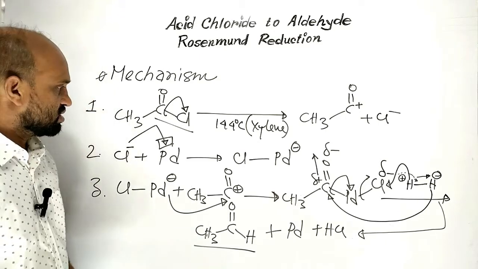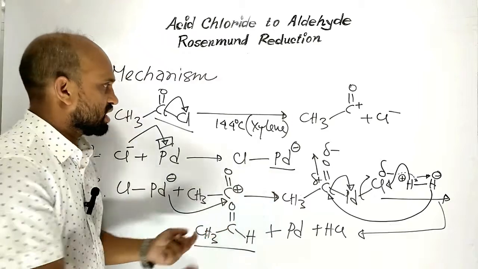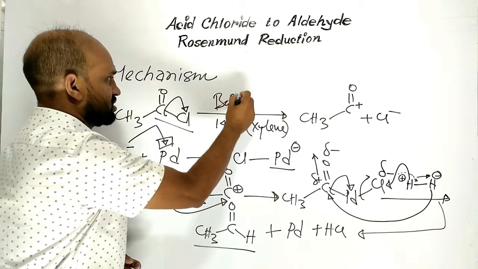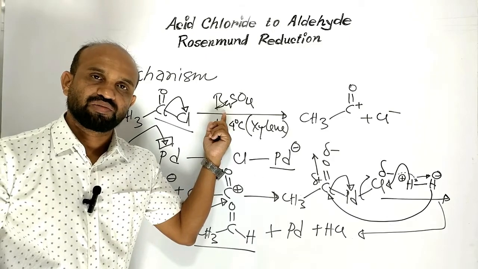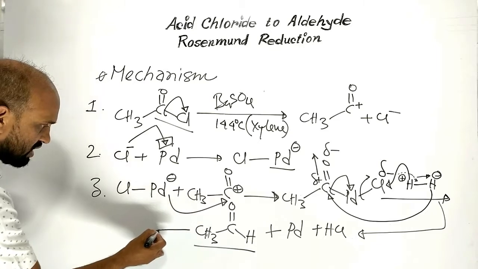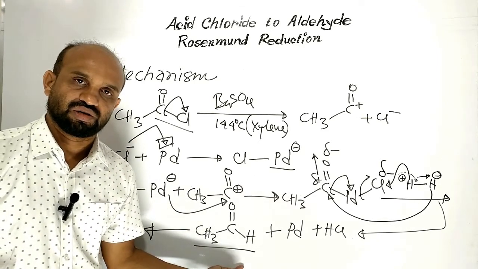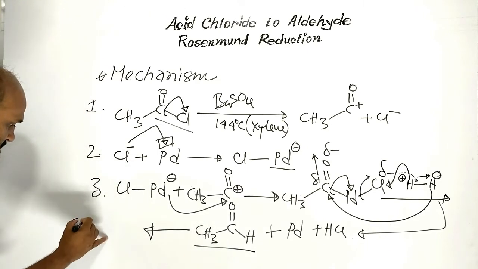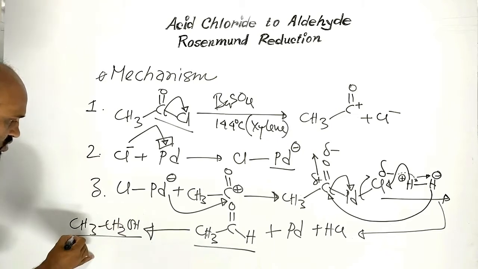In this reaction, palladium acts as catalyst and barium sulfate is used as catalyst poison. If barium sulfate is not used, then this aldehyde will suffer further reduction, and as a result, this aldehyde turns into alcohol.